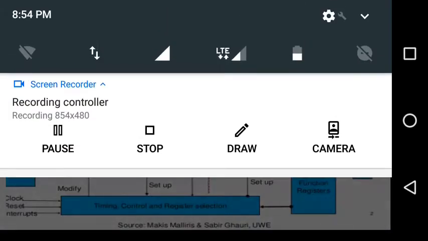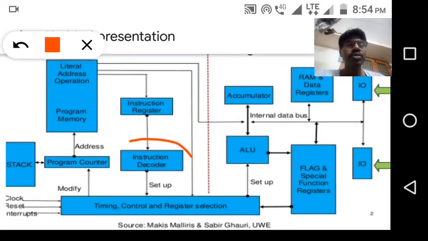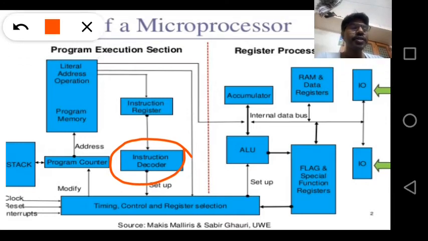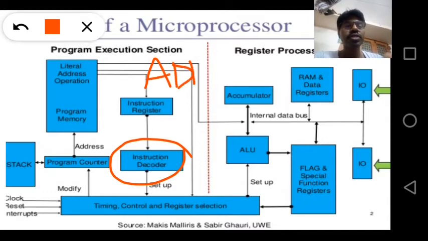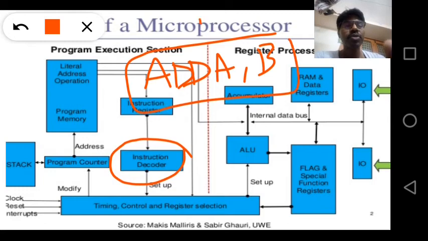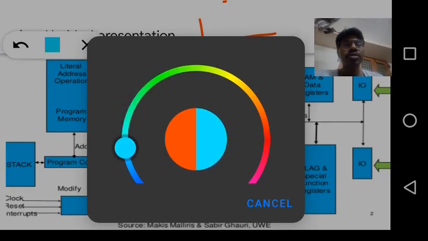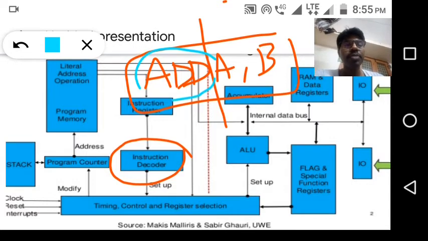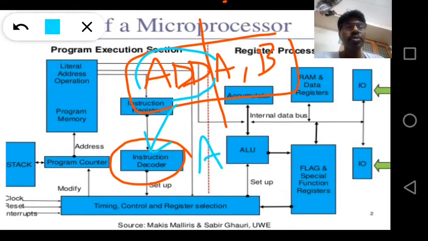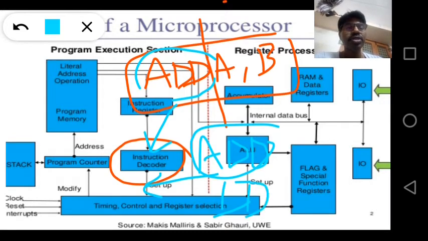Next, we discuss the instruction decoder. What does it do? It receives an instruction, that is add a comma b, from the processor. When it receives it, the add part is decoded by this instruction decoder.